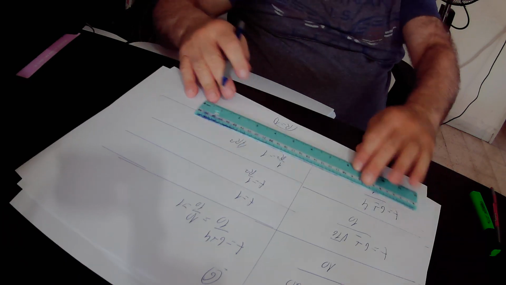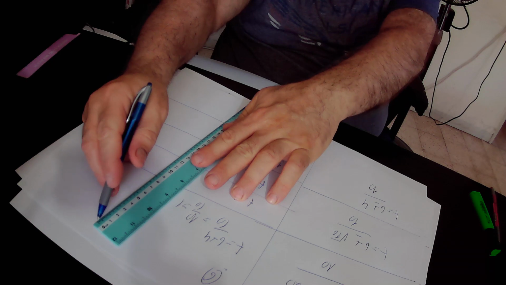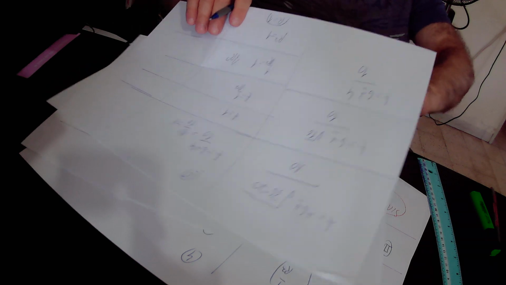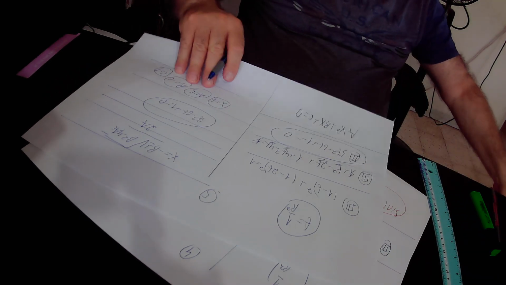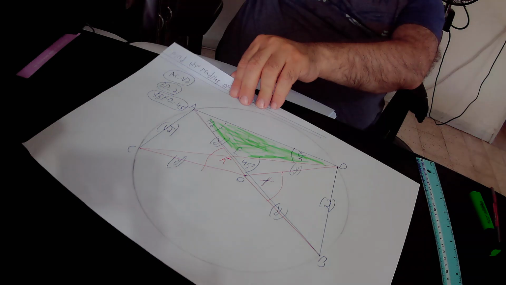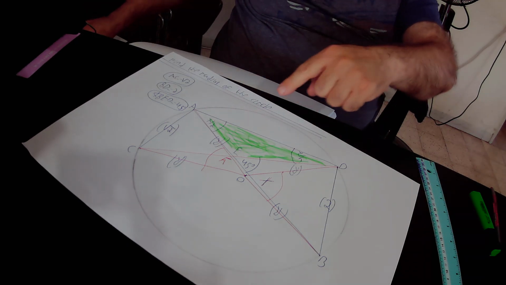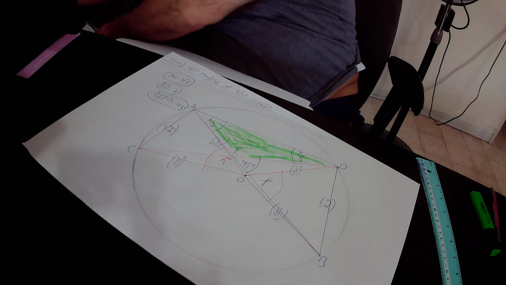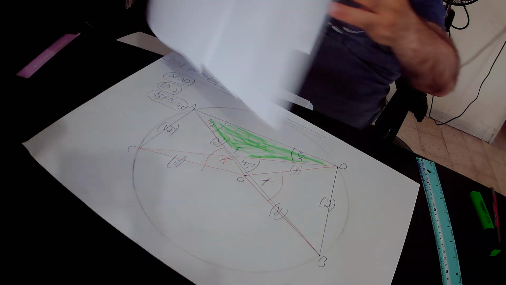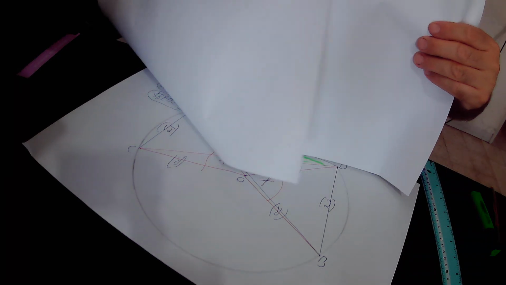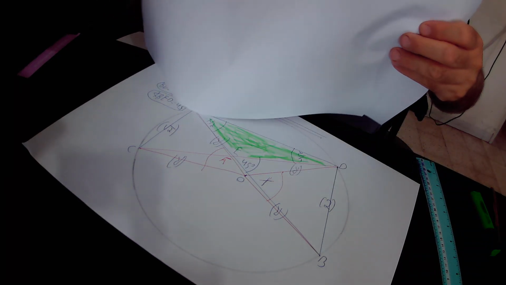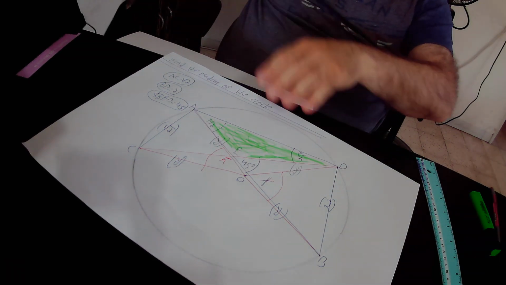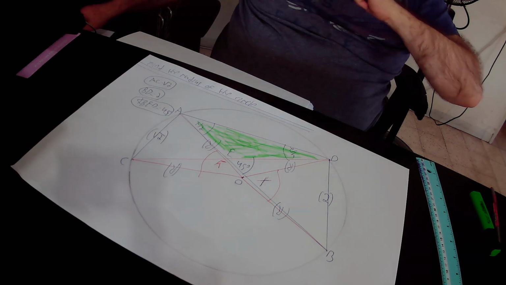So according to the first solution for t, the radius r of this circle is equal to 1 unit in its length. But actually, it is impossible that the radius r of this circle is equal to 1.